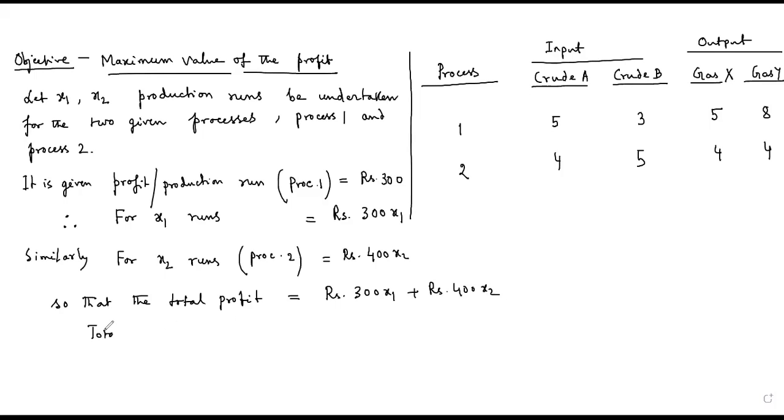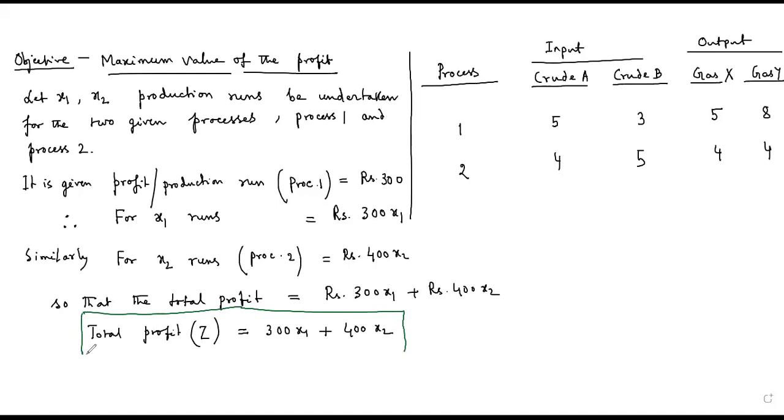Let us denote this total profit by Z. And we simply write 300 X1 plus 400 X2. We are not writing rupees. This is my total profit. And since it is dealing with a profit, this is my objective function of the LPP.